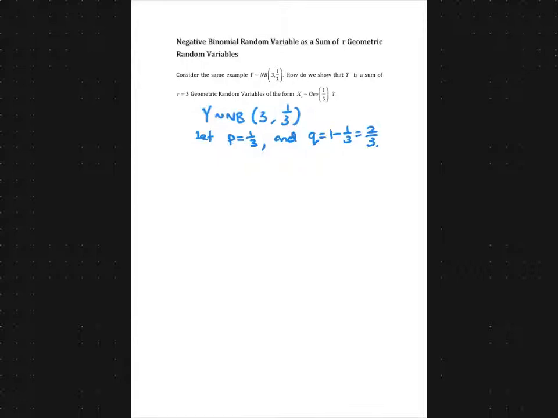Because we want 3 successes, let Y equal X1 plus X2 plus X3, where each X is a geometric with probability of success P. So we can examine this problem a little closer. Suppose we want to find the probability that Y equals 4.